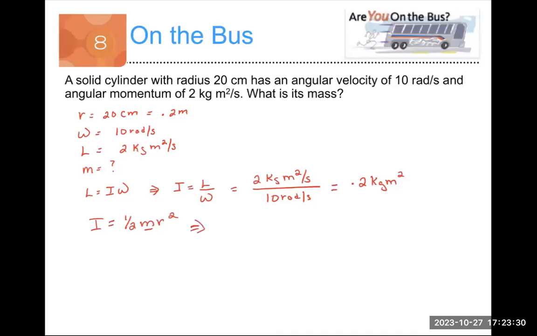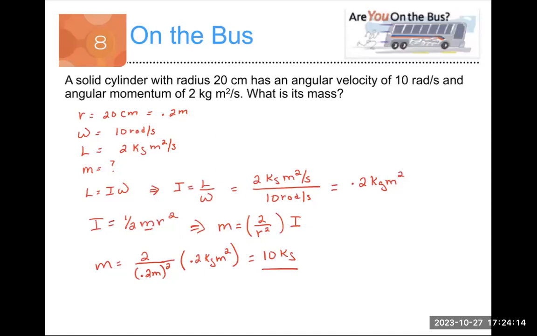When we do that, we get our mass is equal to 2 over r squared times I. So therefore, our mass is going to equal 2 divided by 0.2 meters squared, times I, which is 0.2 kilogram meters squared. So our meters squared are going to cancel in terms of units, and we get our answer in kilograms, which is going to be our mass.